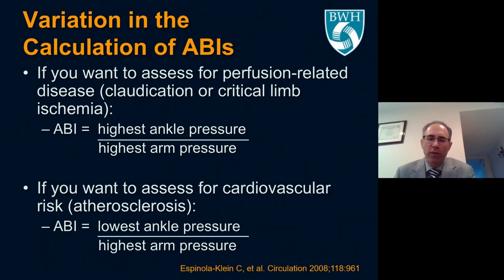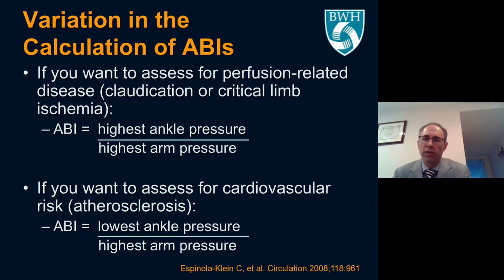Now, if you read more about ankle brachial indices, you'll see that there's somewhat of a debate about what are the numbers that you should use to calculate the ABI? And I make this really easy for us. It really just depends on what question you're asking. So if you want to ask the question, does the patient have perfusion-related symptoms? Then you're going to take the highest ankle pressure and divide it by the highest arm pressure. Why?